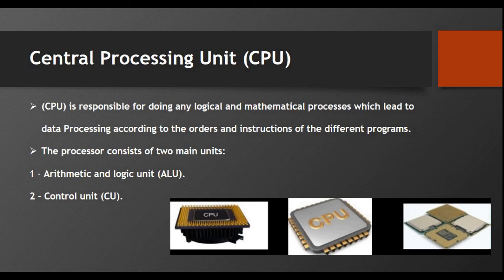CPU means Central Processing Unit or processor. Here you need to understand that CPU is the brain of the computer because it is responsible for performing all your instructions for the computer. And we have different shapes for CPU, as we can see here.